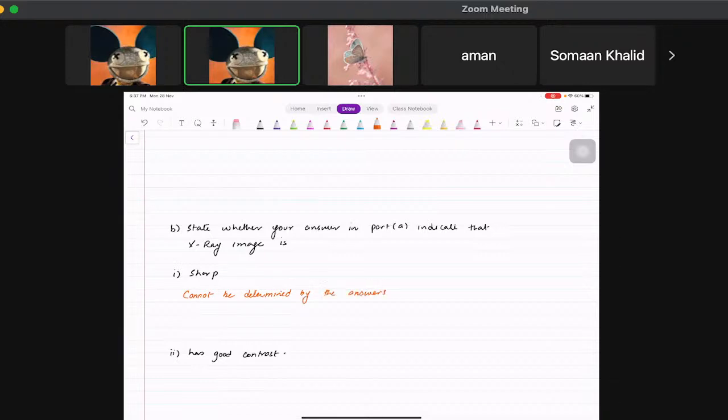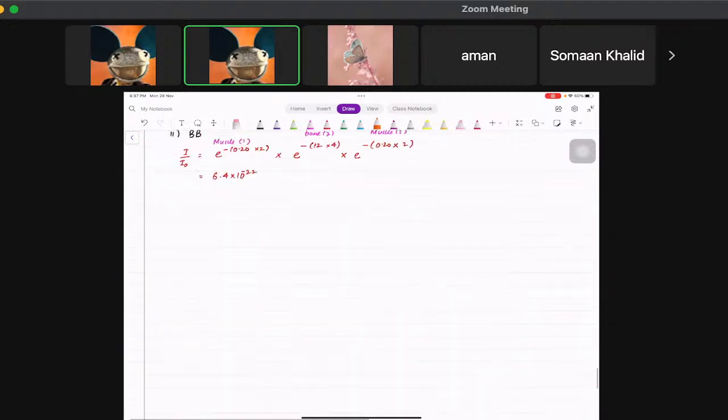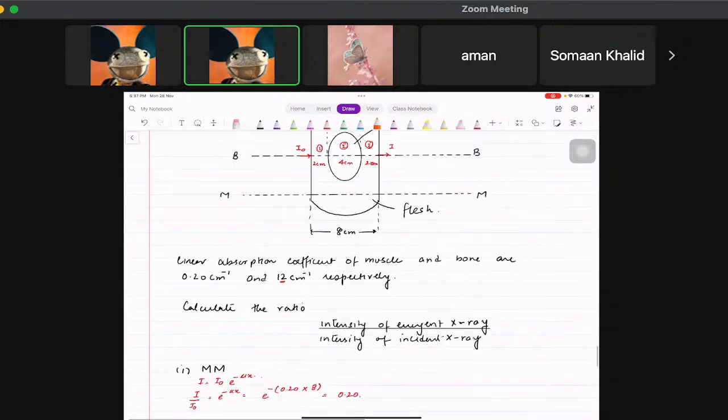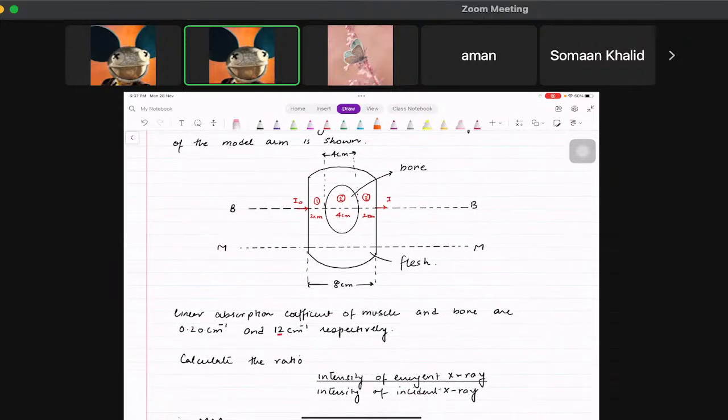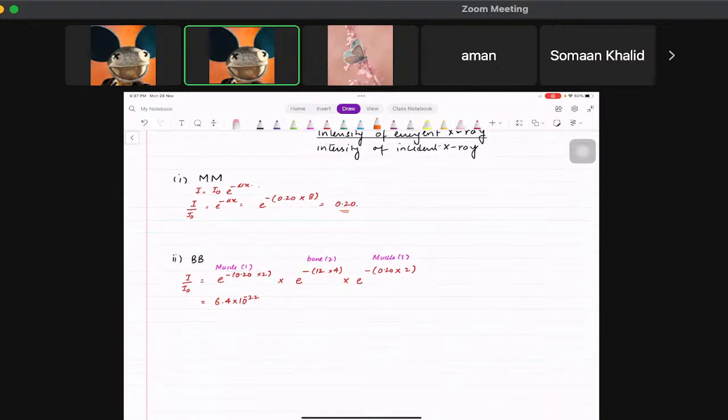And for a good contrast, if you see, when it was only flesh and then there was a bone, look at the difference between the two answers. It's huge. It means that bone is absorbing a lot of X-rays.